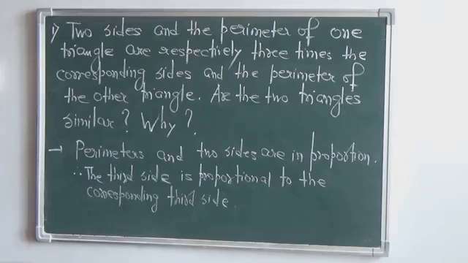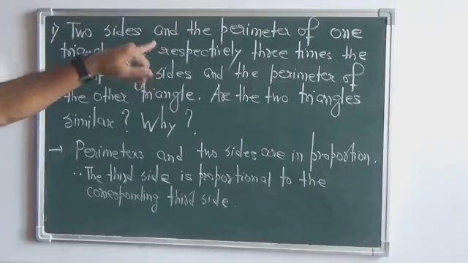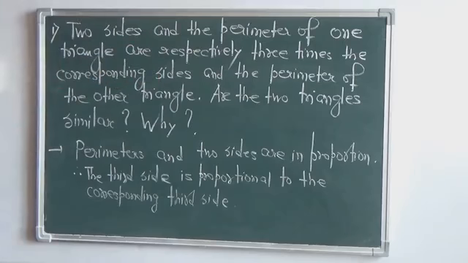So all the three sides now become proportional, and hence the two triangles are similar. Two sides and the perimeter are respectively 3 times, the perimeters are in proportion, two sides are in proportion, obviously the third side has to be in proportion. So when the 3 sides of one triangle are in proportion with the 3 sides of the other triangle, then the two triangles are similar.